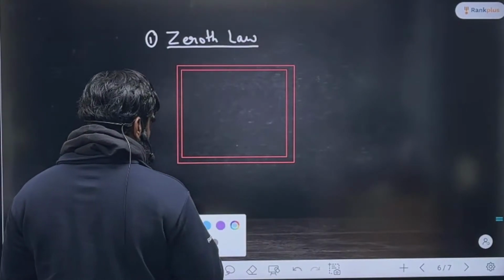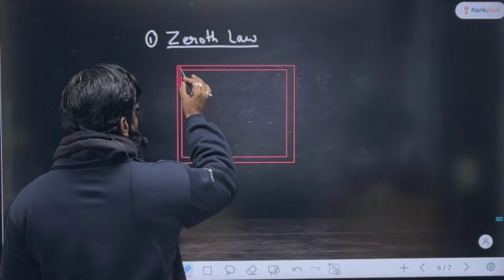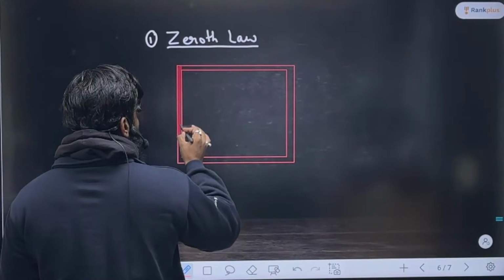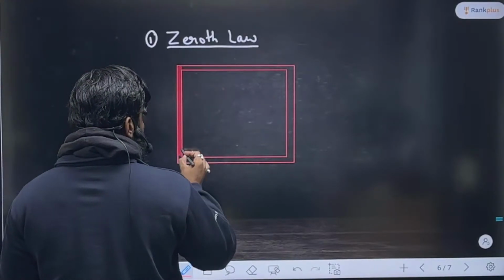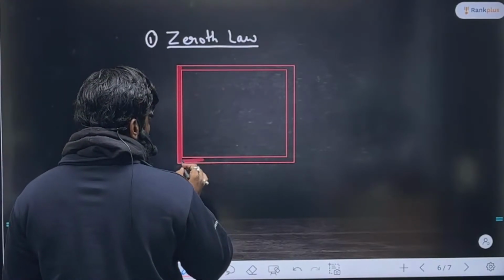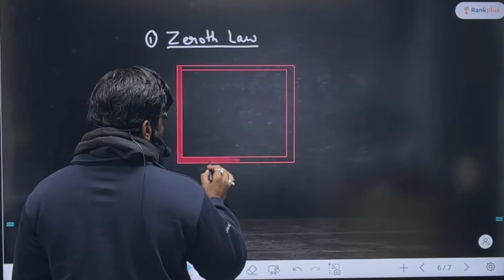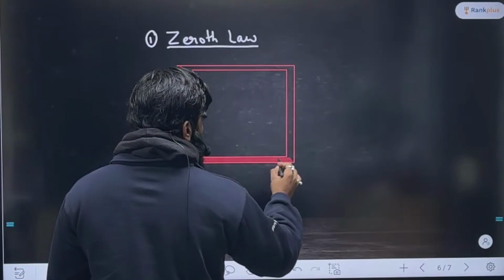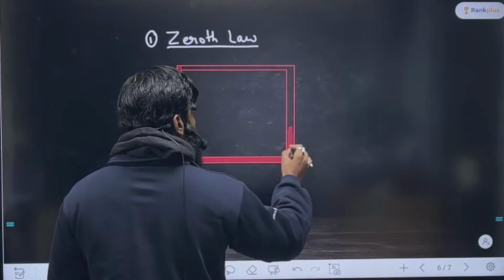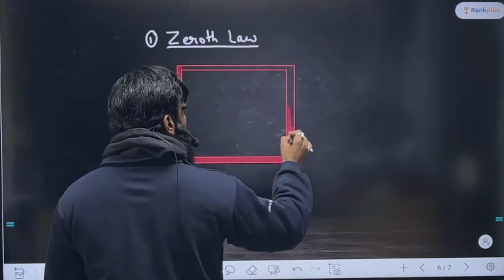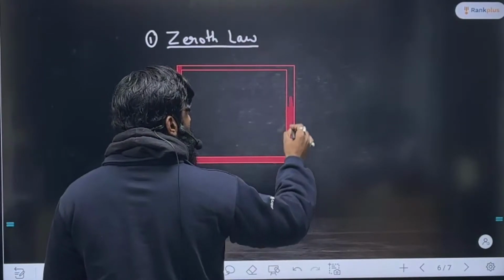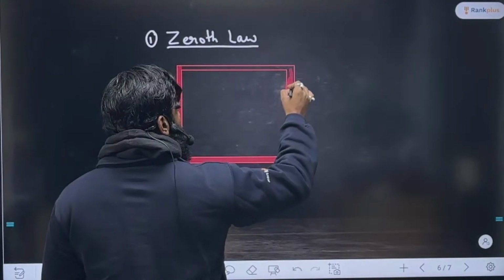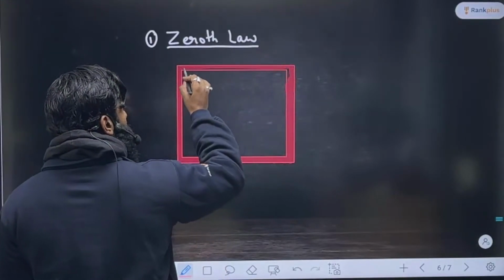What is adiabatic? Adiabatic means it won't allow the exchange of heat. There is an adiabatic wall which I am taking. It will not allow the exchange of heat. That's why I'm keeping this whole thing as red.